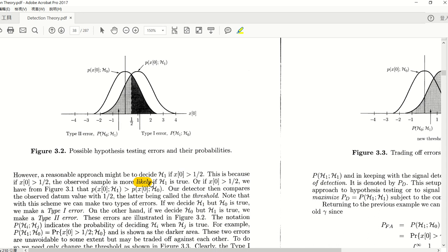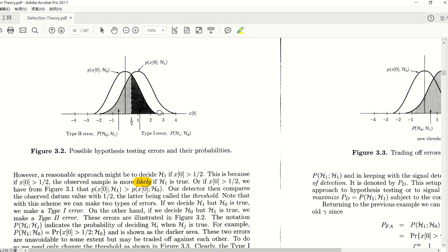Before we go into the complicated mathematics, we like to build up the concept step by step, to make it easier to understand. So the observed sample is more likely if H1 is true. Right? If you look at this 1/2 here, at the right hand side, H1 is more likely because its probability density is higher than H0 here.